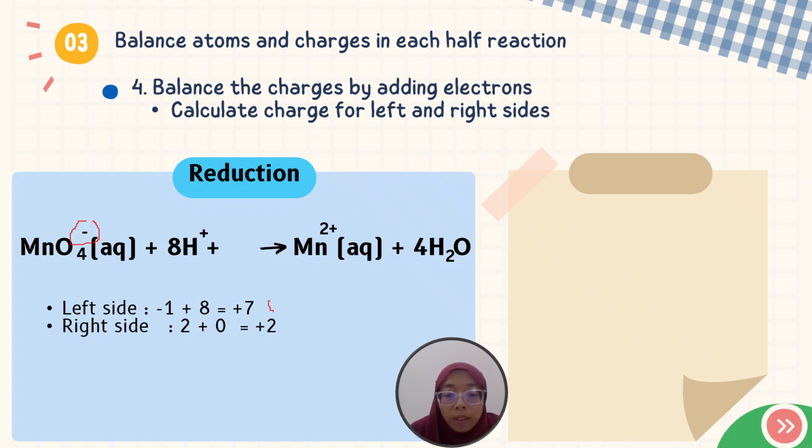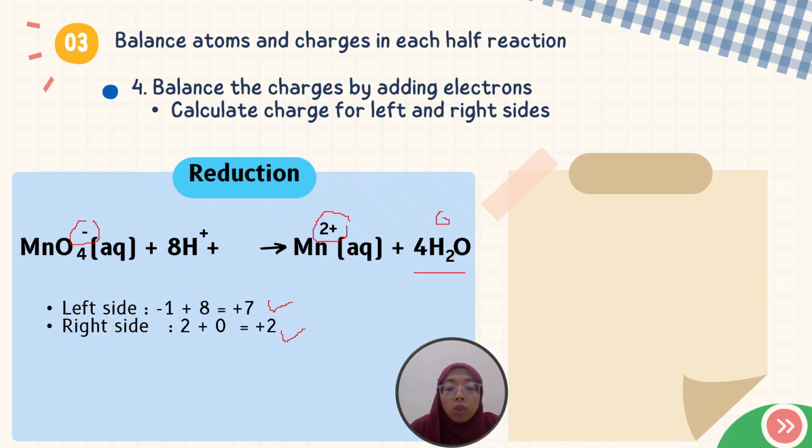For the right side, Mn2+ has a charge of plus 2, and 4H2O has no charge, so 0. So the right side is 2 plus 0, equal to plus 2.